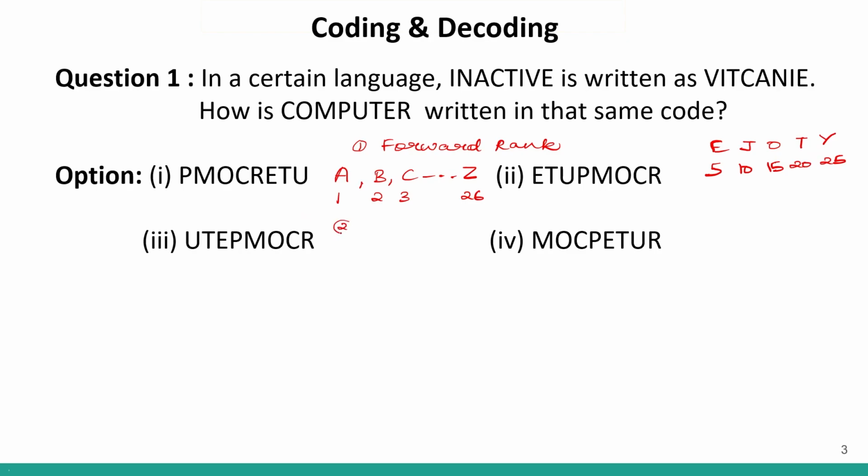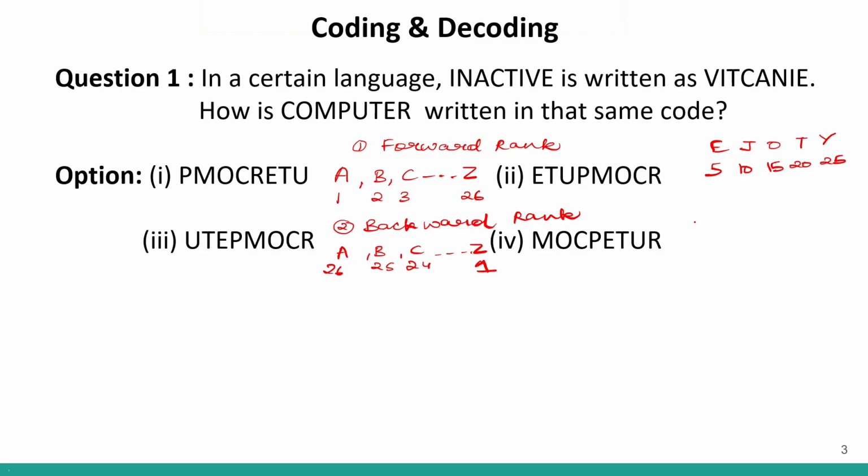Then we have a concept of backward ranks. So backward ranks, as the name suggests, is the opposite of forward rank. That means now we are assigning numbers in decreasing order, where A is 26, B is 25, C is 24 until Z is 1. So when we assign numbers in decreasing order, it is called backward rank.